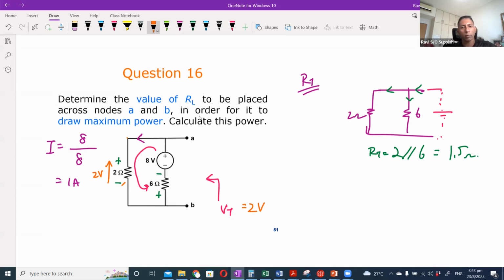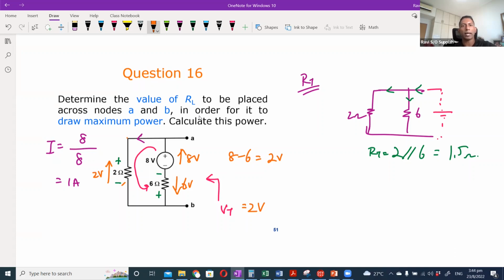If you look at it from the other branch, it's the same thing. It will be 8 volts here and 6 volts here, so 8 minus 6 is also 2 volts. Both these branches are parallel, which means that VT is actually 2 volts.